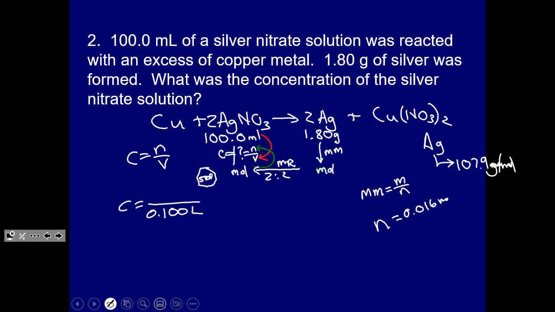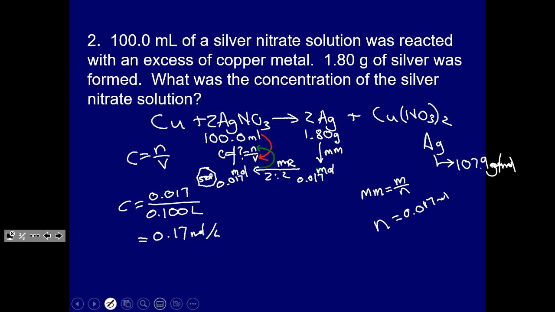Do you like it? 0.017 moles. 2 to 2, 0.017. 0.017 divided by 0.1 is the same as multiplying by 10, so 0.17 moles per liter. Is that the C? All right.